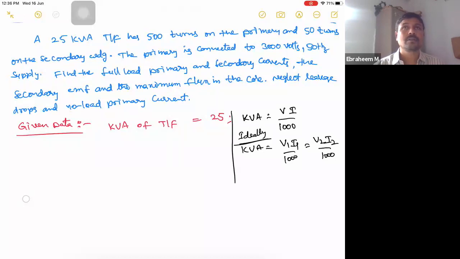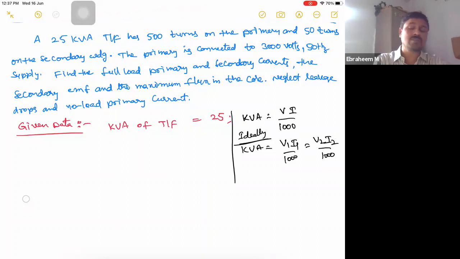Normally a transformer is highly efficient, with efficiency a minimum of 95% and up to 98%. Some lossy transformers with more losses will have 92%, 93%, 90% efficiency. No other machine is this efficient.